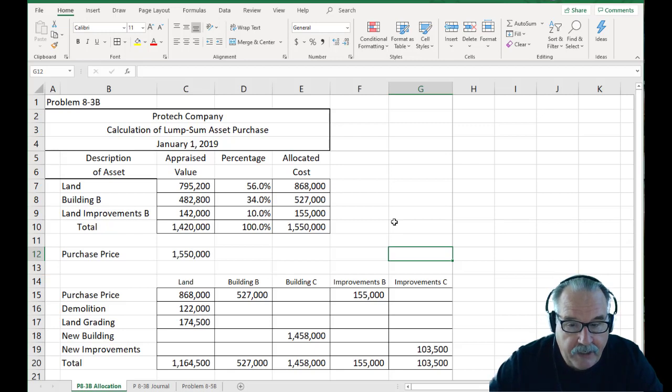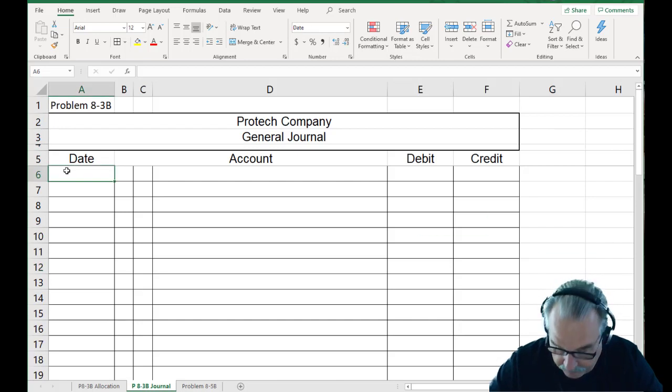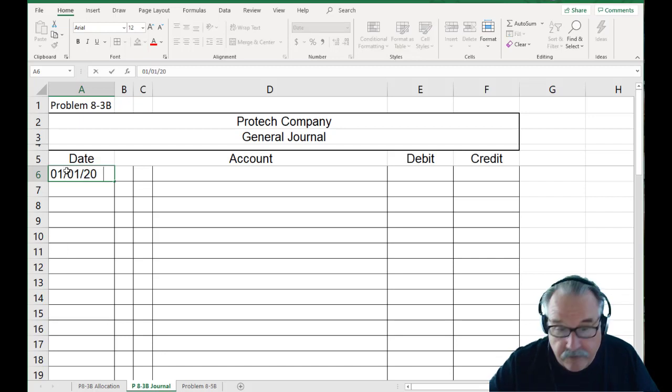So now we can make our journal entry. And our journal entry is going to look like this. This is going to be dated on January 1st of 2019.